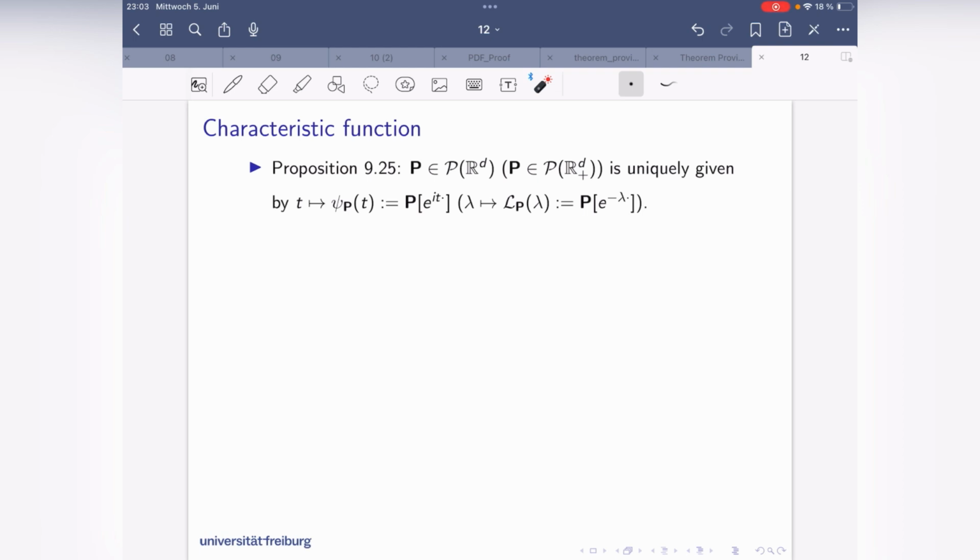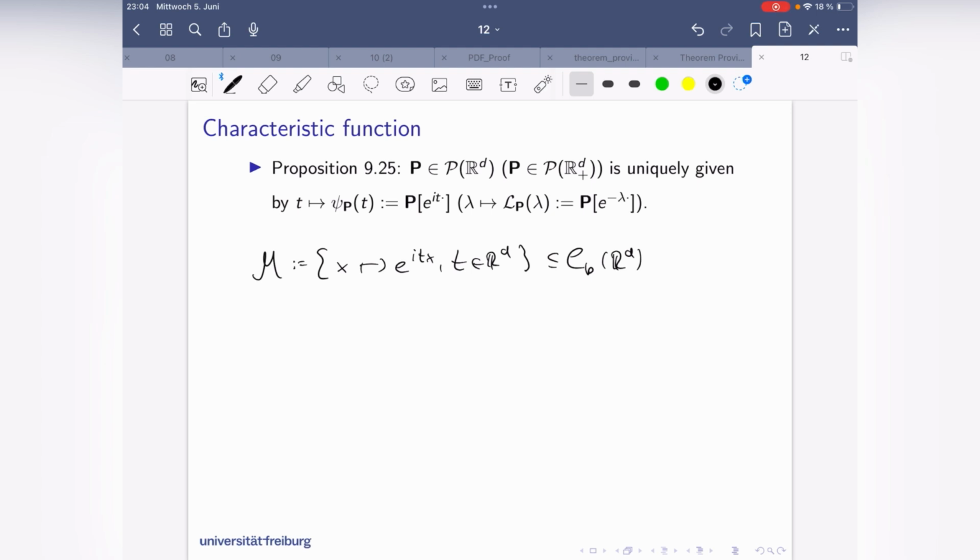So M is the set of functions which maps x to e to the itx for some t in Rd. That's a subset of all bounded continuous functions on Rd.